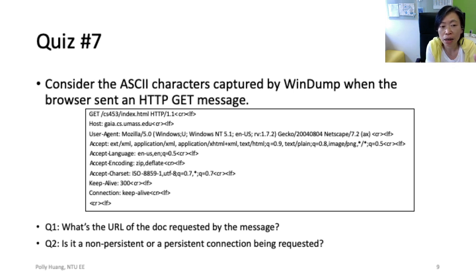So it's just \n in a Unix system. So just be a bit careful when you're working on PA 6 and 7, all right? So that's actually PA 7 and 8, where you need to interpret an HTTP request message and generate an HTTP response message.